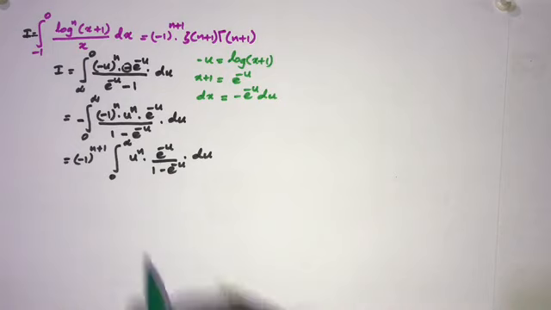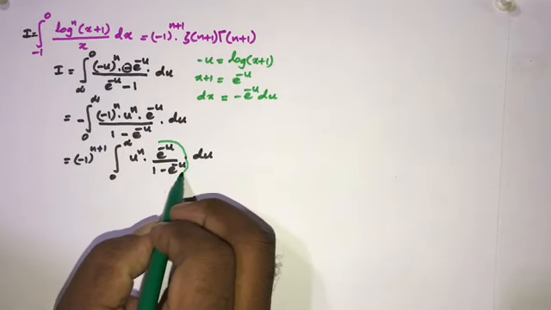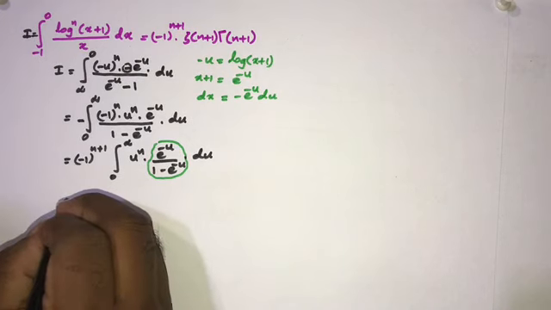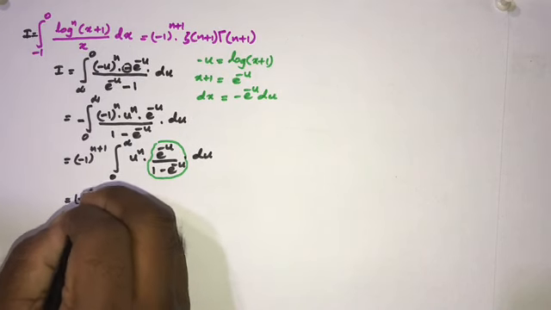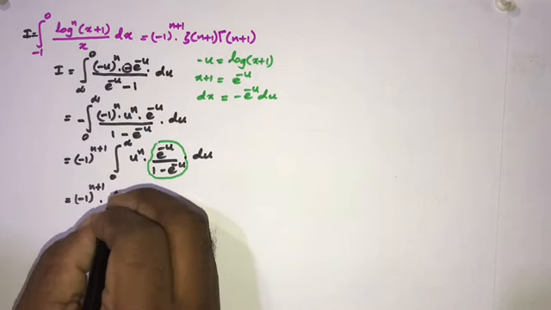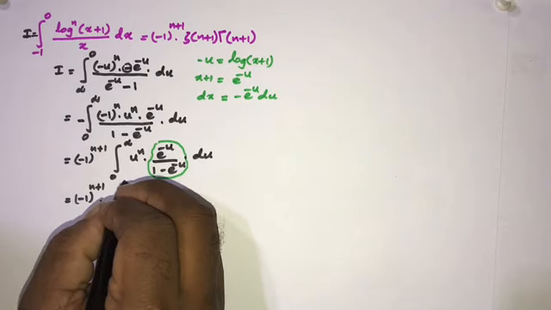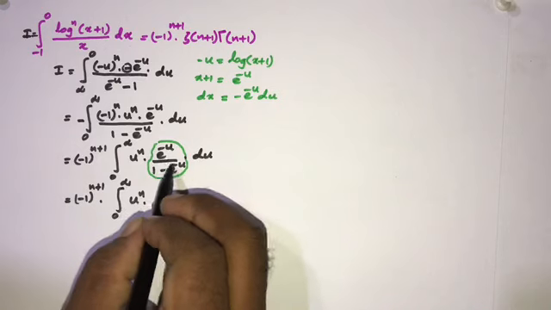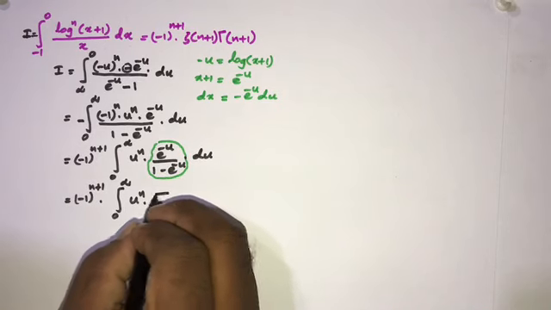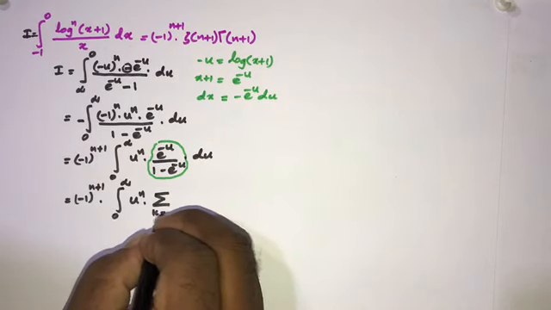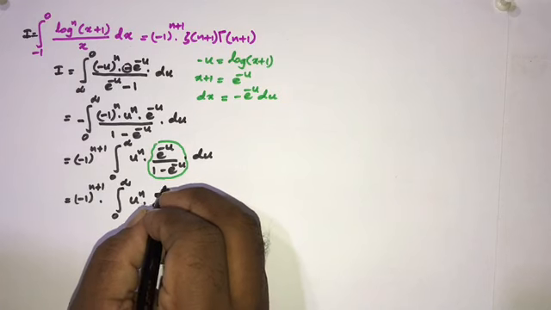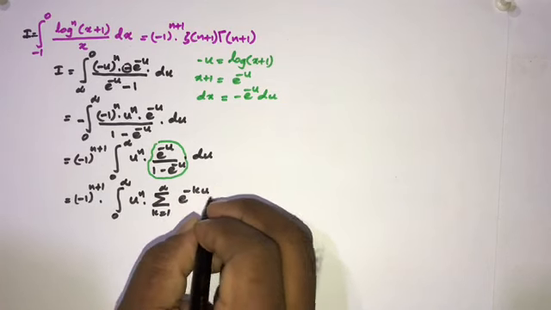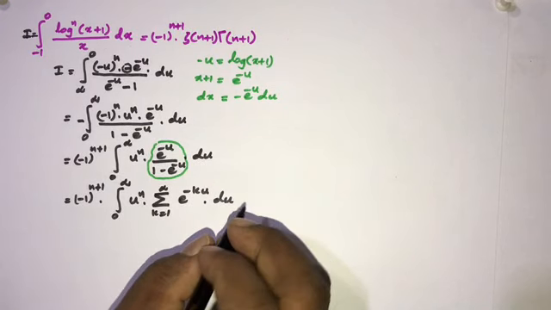Now instead of this part we can take a series, so we can write (-1)^(n+1), integral from 0 to infinity, u^n, and instead of this we can write an infinite sum, k equals 1 to infinity of e^(-ku) du.